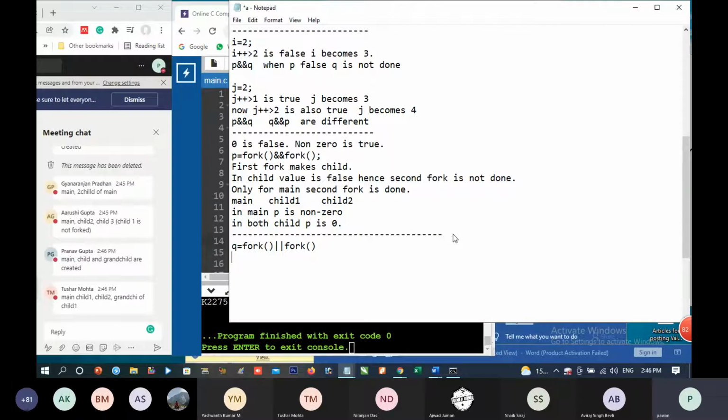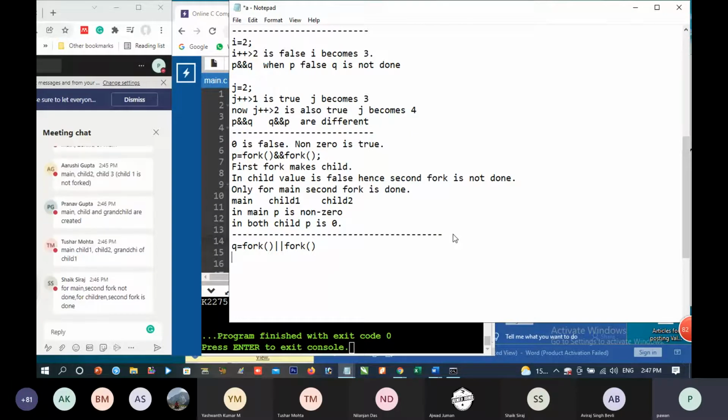Wrong, Tushar. Tushar, you are wrong. That is correct. Sadiq is correct. And what are the values?